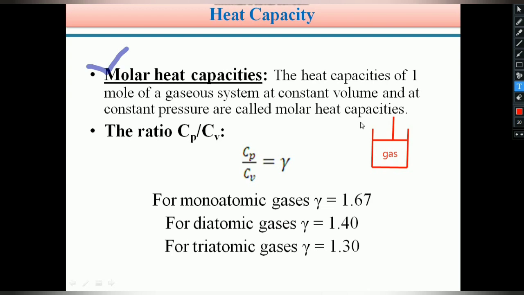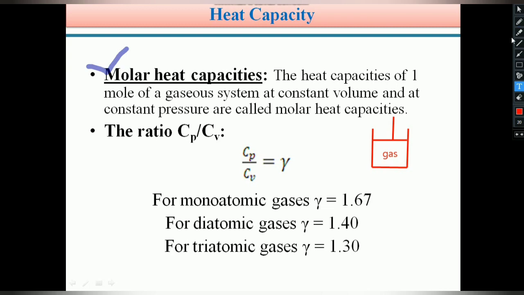Already you know what heat capacity is and what specific heat is. Heat capacity is a path function, so in order to calculate it, we calculate at constant volume and constant pressure. Therefore, for 1 mole of a gaseous system in a cylinder, at constant volume and constant pressure, it is known as molar heat capacities.